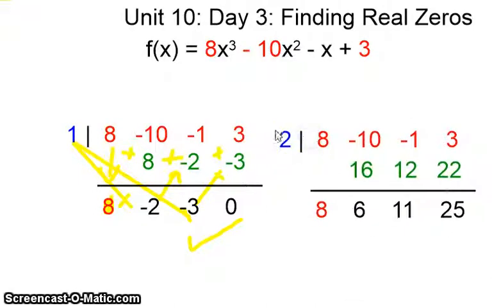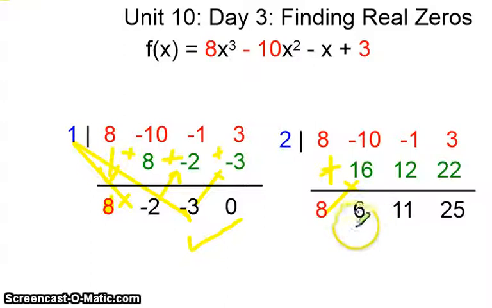So here we have another potential 0, which is 2. And of course, our coefficients 8, negative 10, negative 1, and 3, and we're going to test it as well. Bring down the 8. So now we have 2 times 8 is 16.